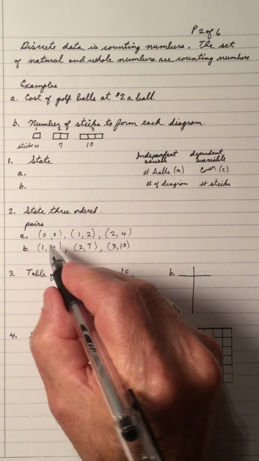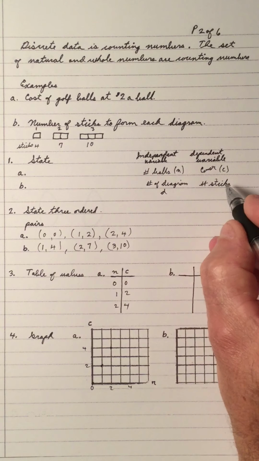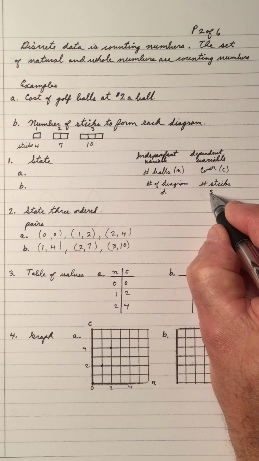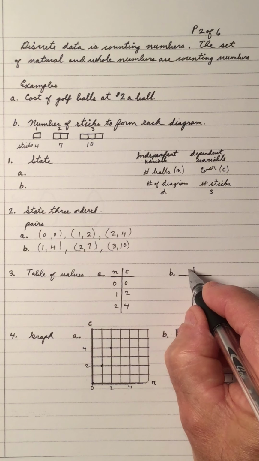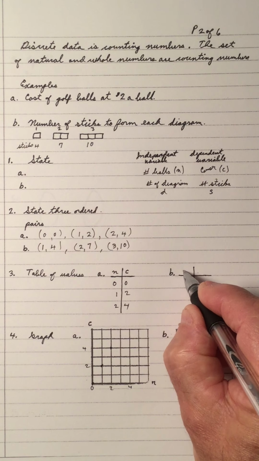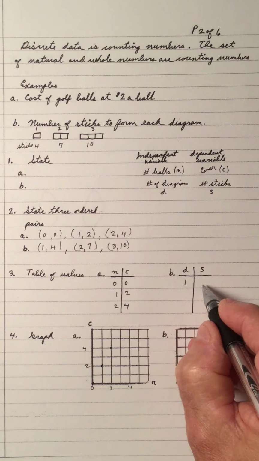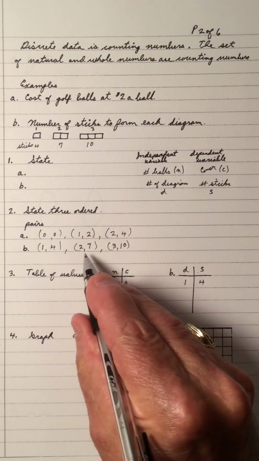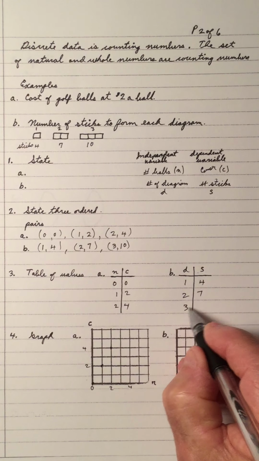And notice that the diagram number could be D and the number of sticks could be S. So D for diagram and S for the number of sticks. We got 1 gives you a 4, a 2 gives you a 7, and a 3 gives you a 10.